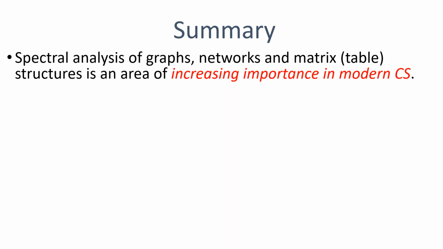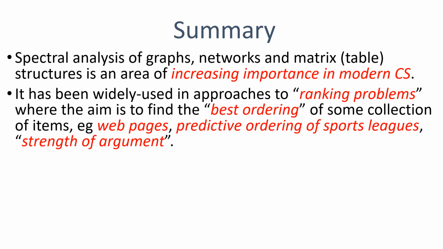So let me just summarize what we've seen. Spectral analysis of graphs, networks, matrices and table structures is becoming increasingly important in modern computer science. It's been widely used as an approach to what are called ranking problems, where we're looking for the best ordering of some collection of results. This has been used for web pages; this is what the Google search algorithm does.